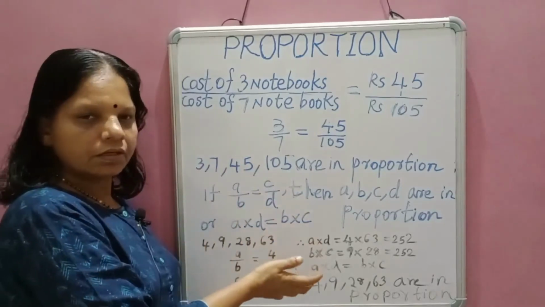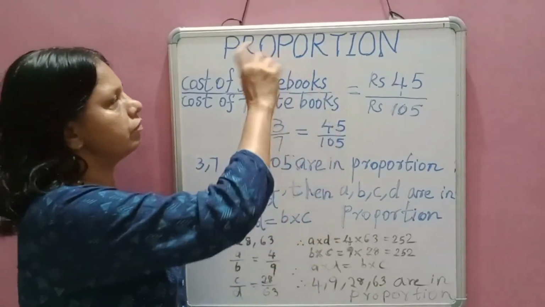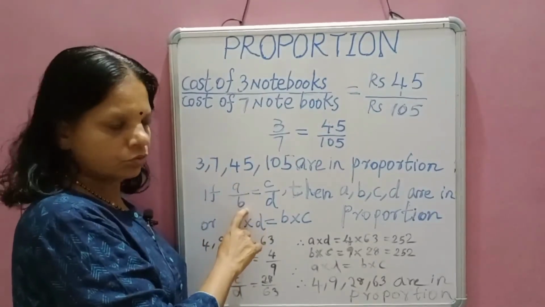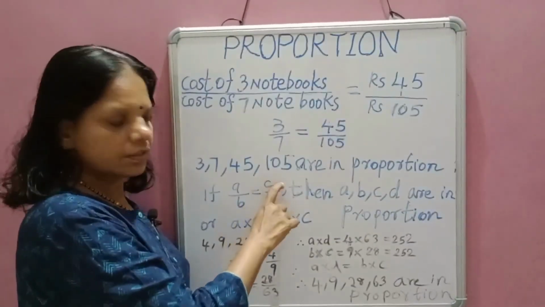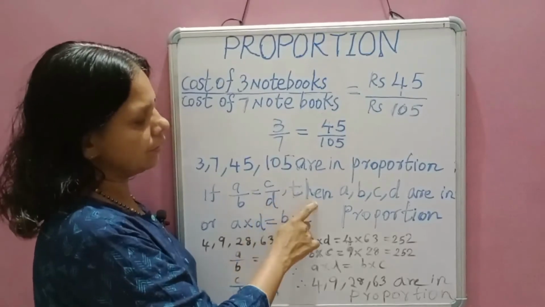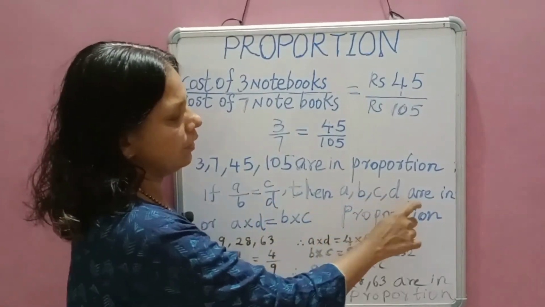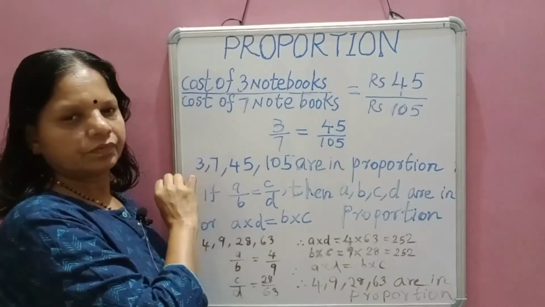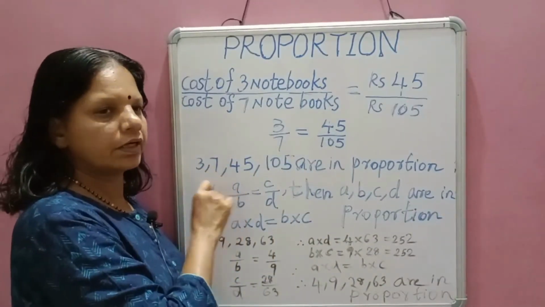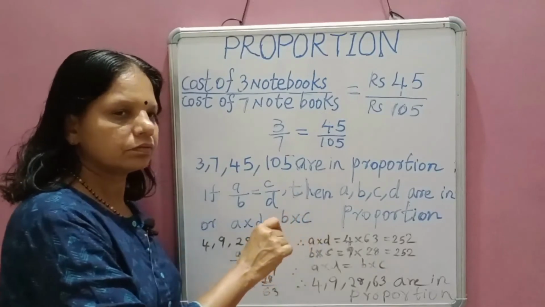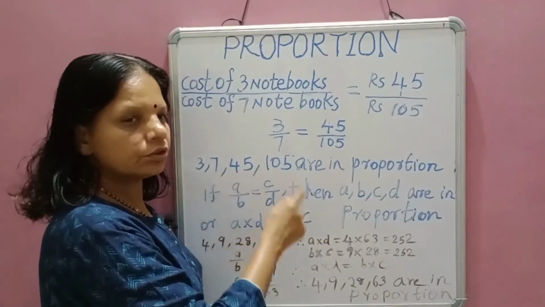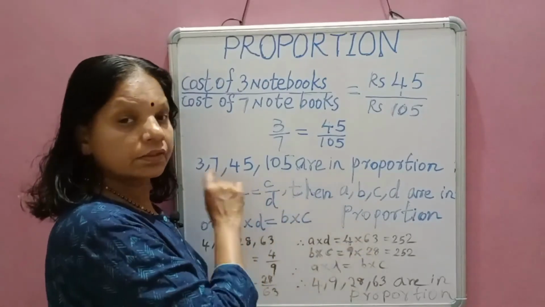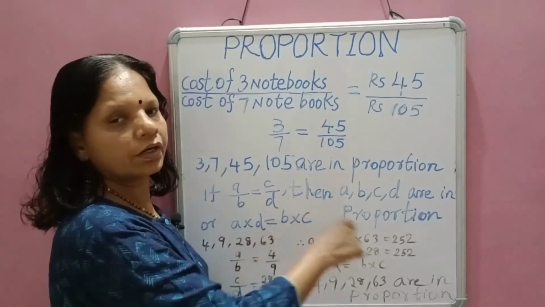Now in general, the definition of proportion: if A upon B, any ratio, is equal to C upon D, then A, B, C, D are in proportion. We cannot say that a single ratio is in proportion. How many? Two ratios equal. Then the terms in the ratio are in proportion.